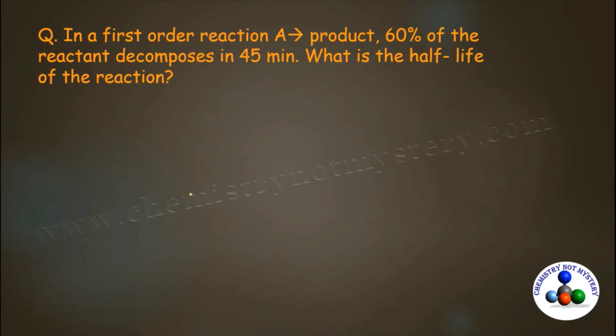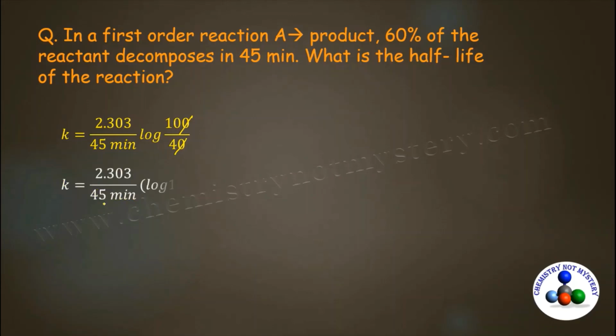So you will get k is equal to 2.303 over 45 minutes log 100 over 40. Here 0 will get cancelled out with 0, and you can rewrite this equation as k is equal to 2.303 over 45 minutes multiplied by log 10 minus log 4. On solving the equation for logs, you will get k is equal to 2.303 over 45 minutes multiplied by 0.397.